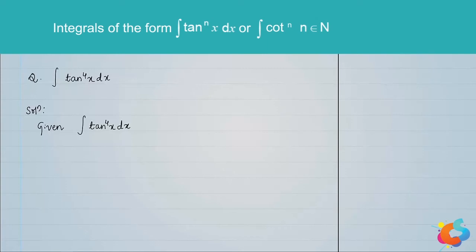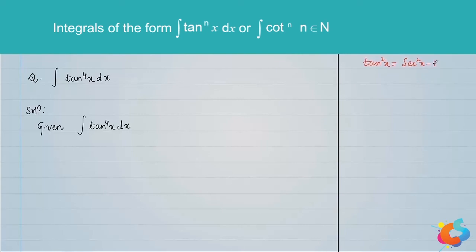We know that tan square x can be written as secant square x minus 1 because the derivative of tan is secant square. I can put this tan x as t so that I'll get secant square x into dx is equal to dt.